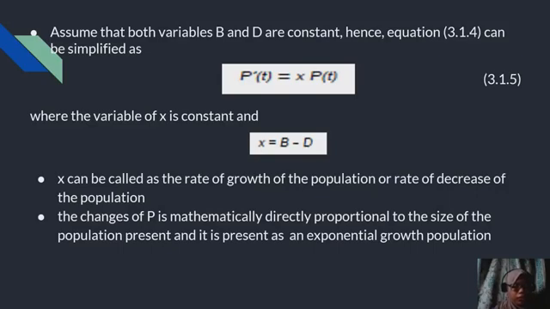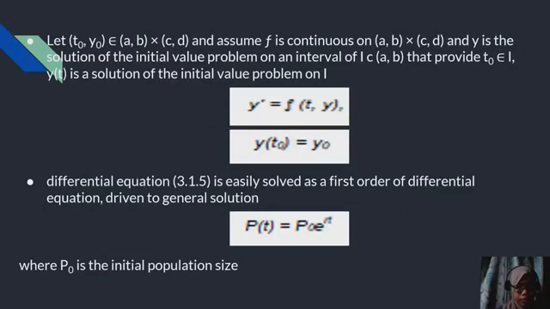The change of P is mathematically directly proportional to the size of the population present, and it is presented as an exponential growth population.